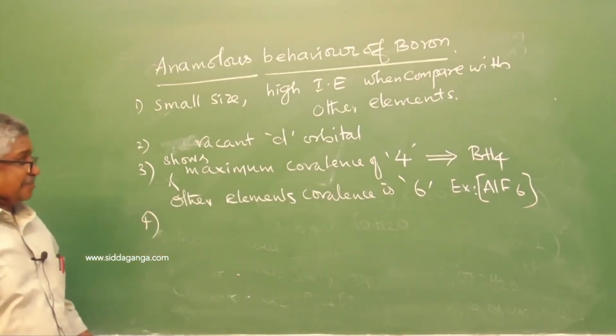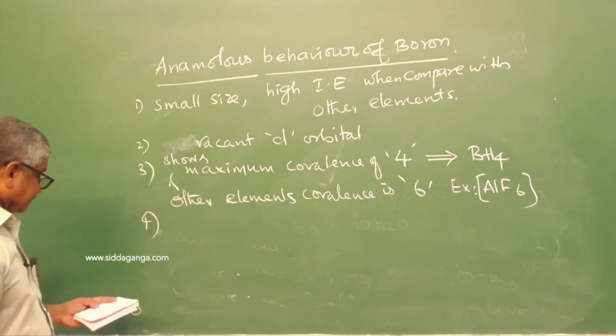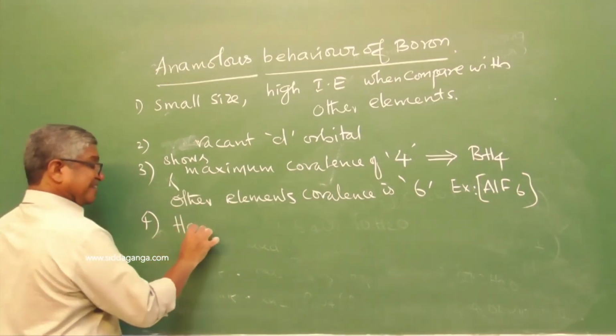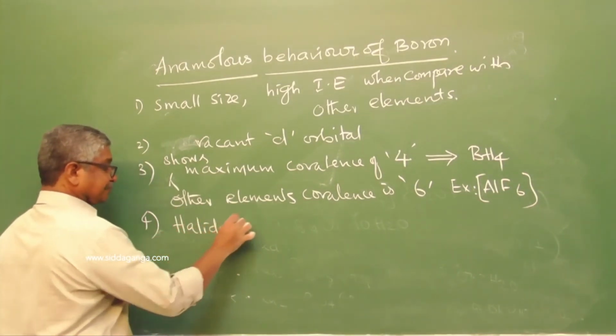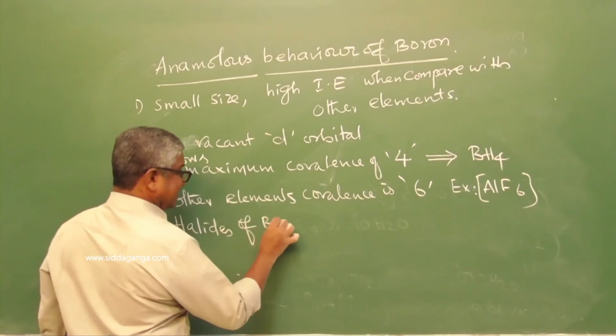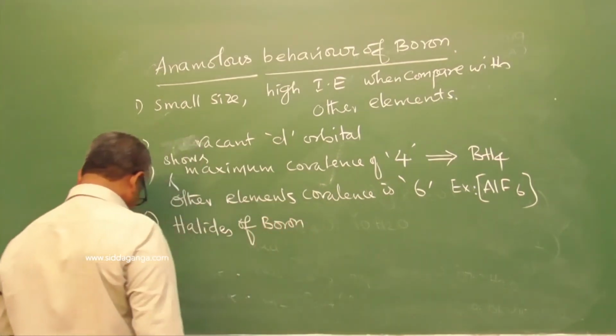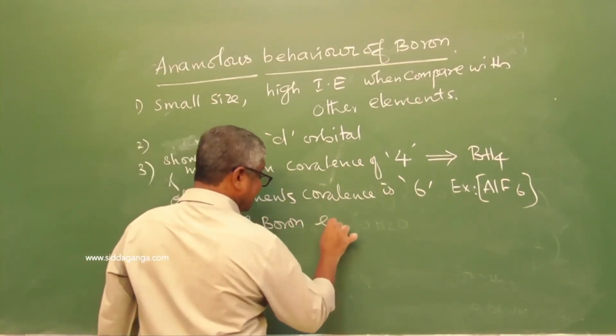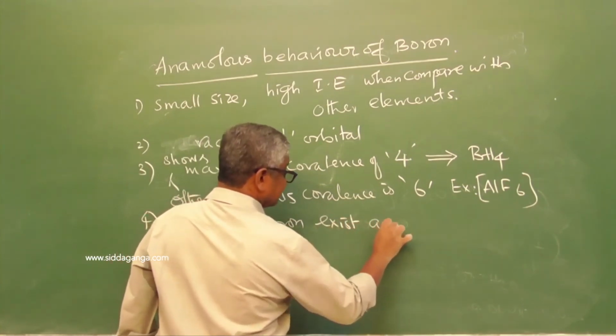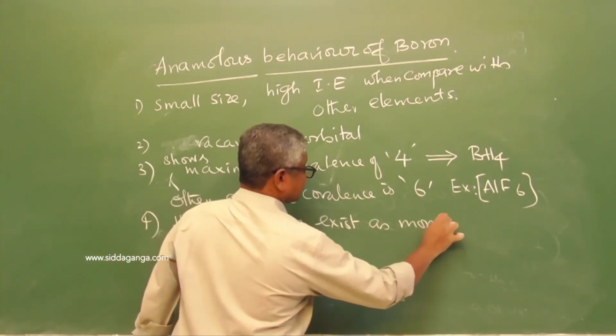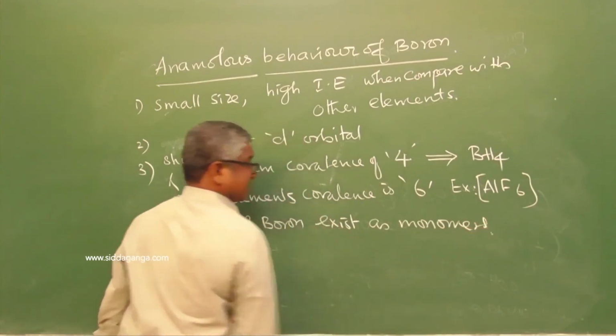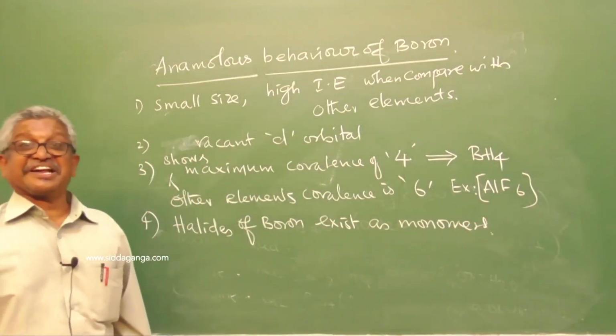Next anomalous behavior of boron is halides. Already this is informed. Halides of boron exist as monomers, but other members exist as dimers.